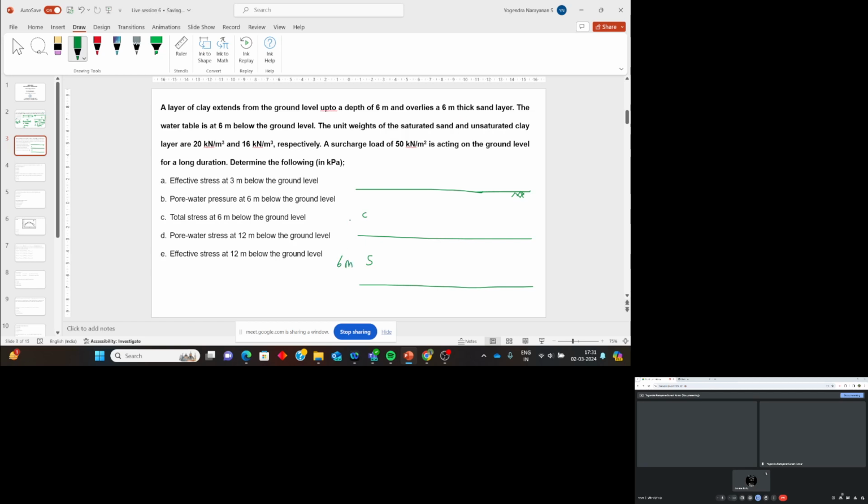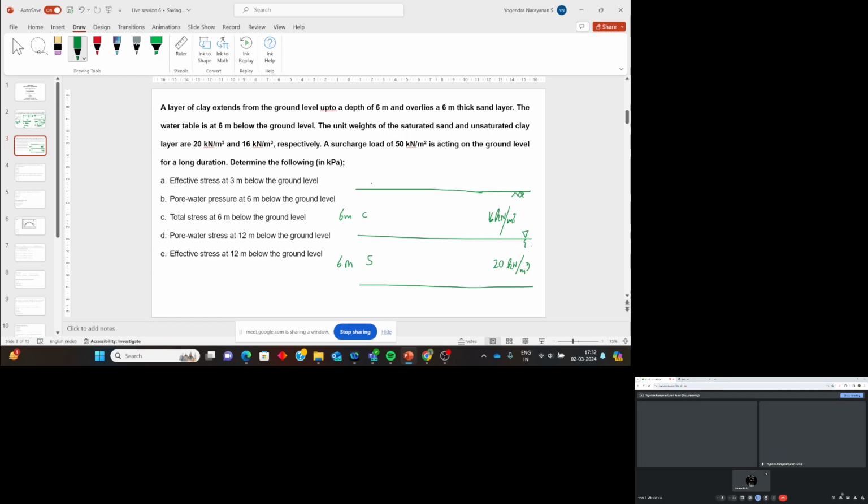So it will be 6 meters and 6 meters, and the water table is at 6 meters, so this is at the interface. Now, unit weights are 20 kilonewton per meter cube and 16 kilonewton per meter cube.